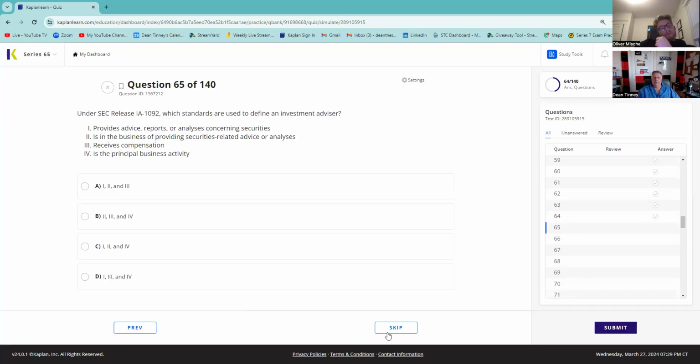Under SEC Release 1092, this is an interpretive release, which standards are used to define an investment advisor? Business of receives compensation is the business's principal activity.